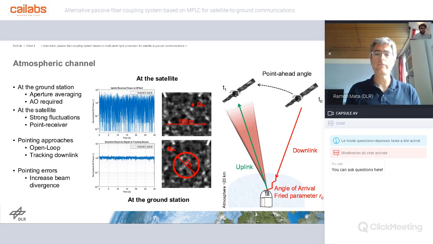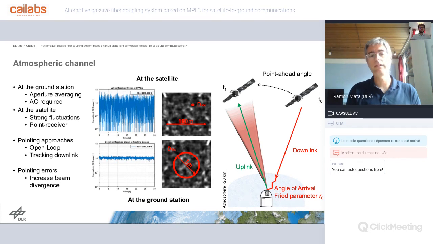So the distortions that we measure on the tilt for the downlink are not the same as for the uplink because of the point-ahead angle. The distortions can be correlated, but are not exactly the same. So the uplink will depend on a residual beam wander, residual tilt, which will produce fluctuations on the signal.